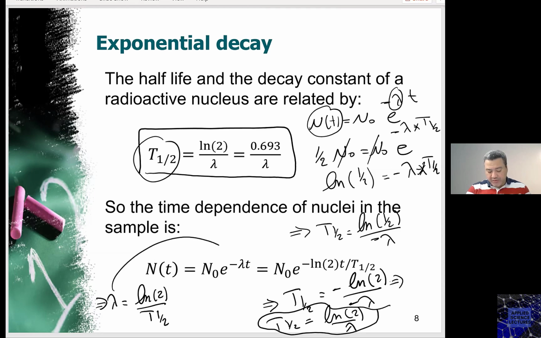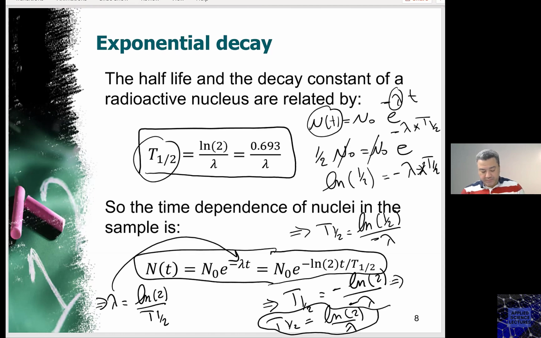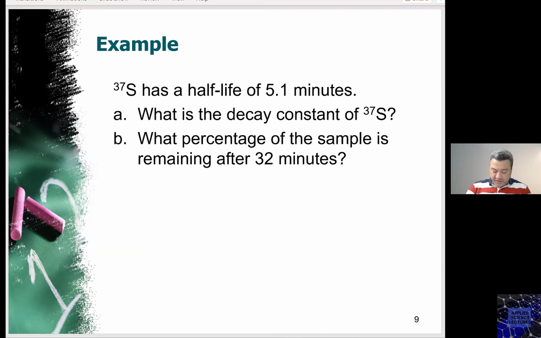Substitute it here and you end up with this expression. It is important to know how we derived such expressions. You don't have to know how to derive it, but it's useful to know where those numbers and variables come from. Okay, so let's move to this example.